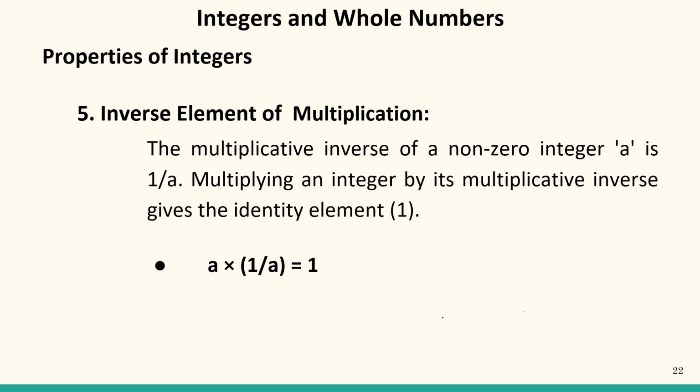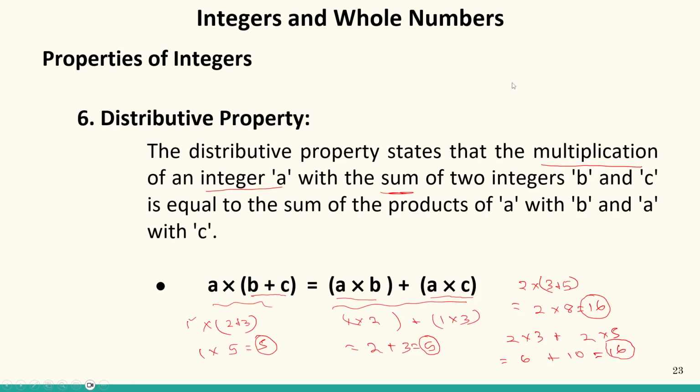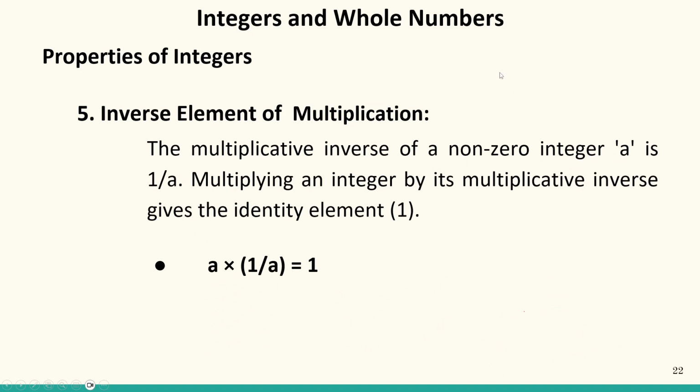So the inverse element of multiplication, the multiplicative inverse of a non-zero integer. Here a point is to be noted that the multiplicative inverse of a non-zero integer a is 1 by a.